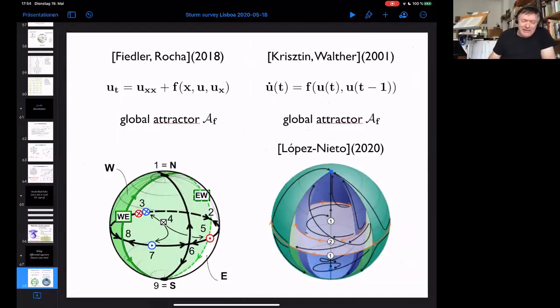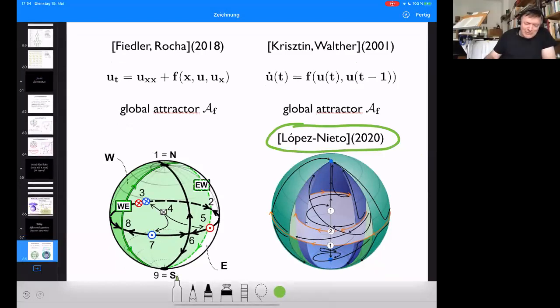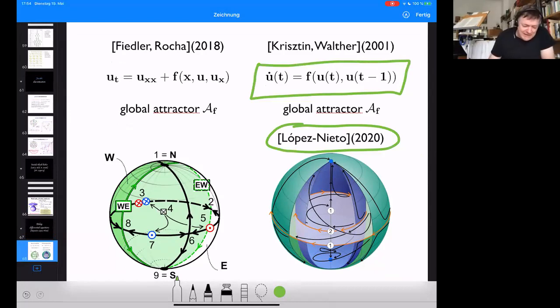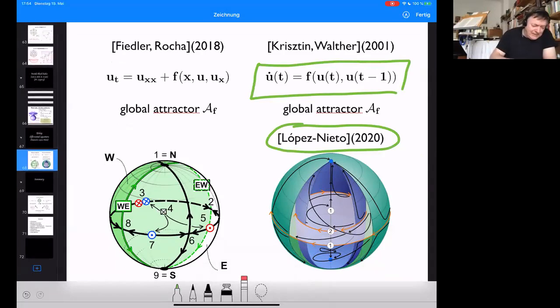And let me also mention that Alejandro Lopez Nieto, who is among us, has a way of transferring the results I told you about parabolic equations to delay differential equations. But I will leave this for the discussion.